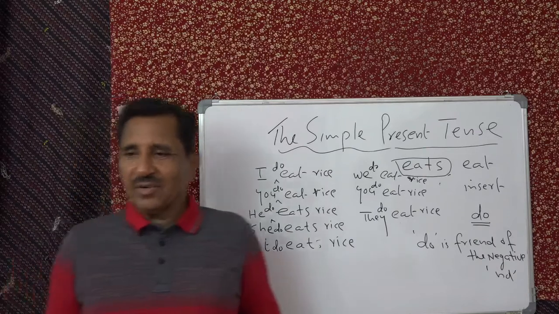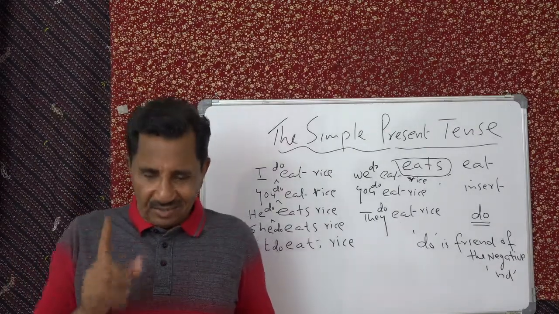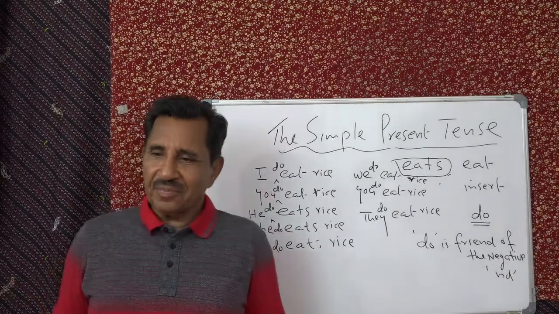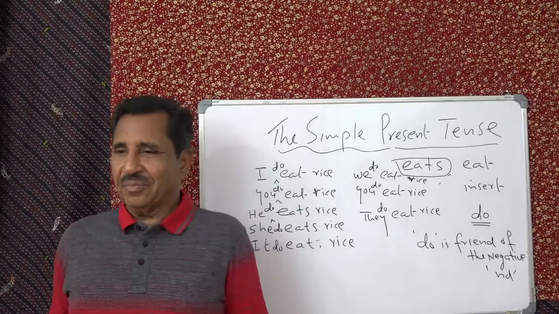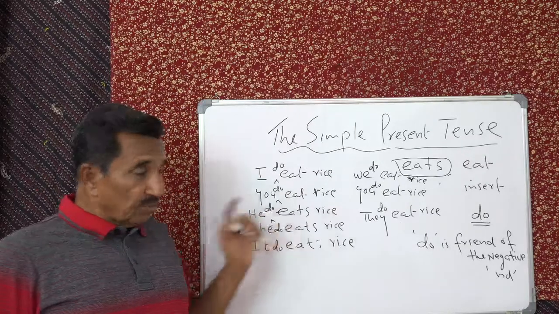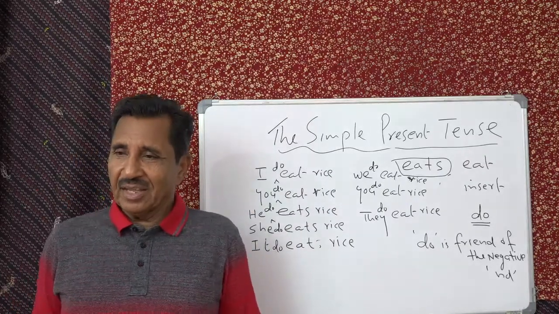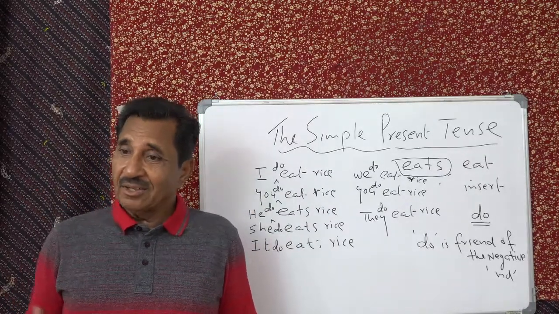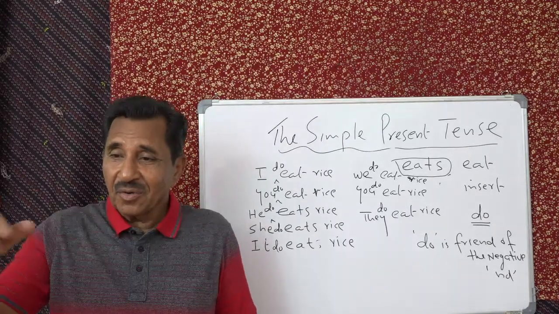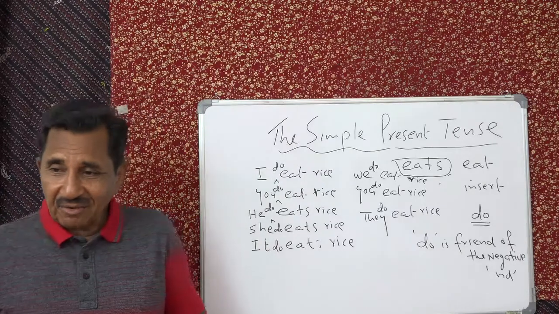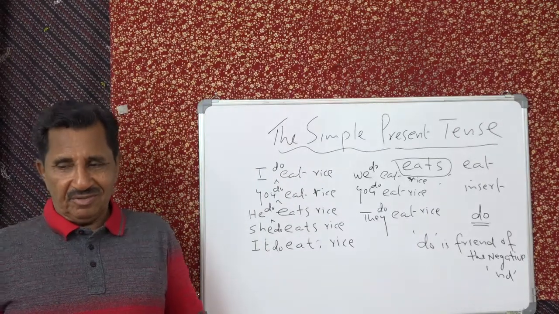So if you want to make it negative, first step is insert do. That is, write do just before the verb. And then do has a friend. You have to call that friend. And that friend is not.